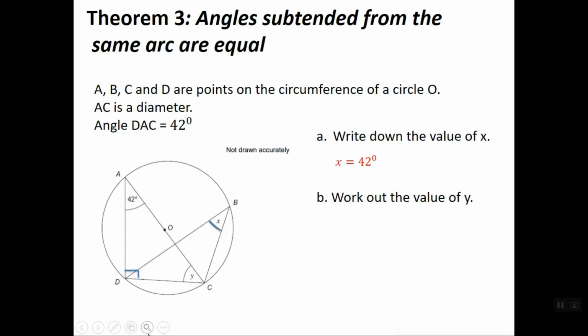If I add those two and take it from 180 degrees, I would get my y. So 42 degrees plus 90 degrees gives me 132 degrees. So I do 180 degrees, take away 132 degrees, and my answer is 48 degrees. So my missing angle y there would have been 48 degrees.